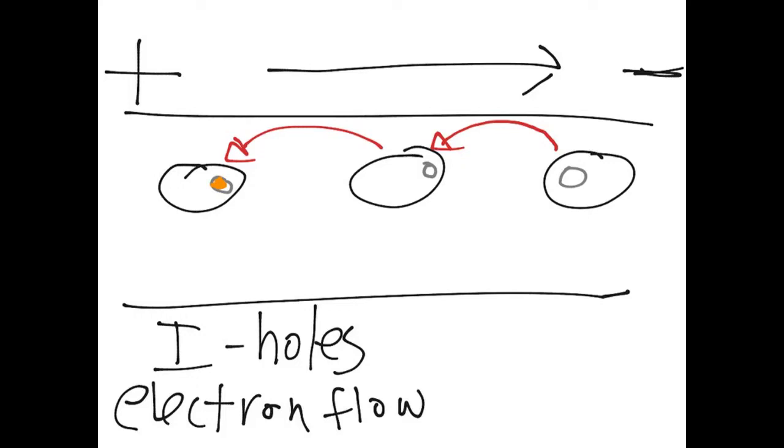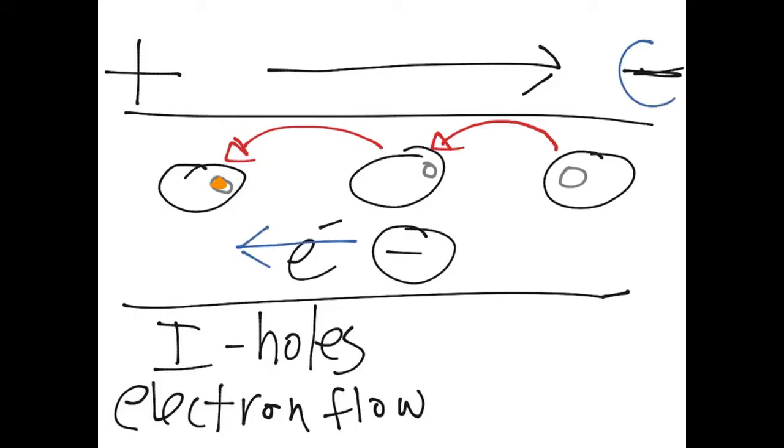And this makes sense because we have an electron, and we know that it's negatively charged, and it's going to go away from the negative sign and towards the positive sign, which makes sense.